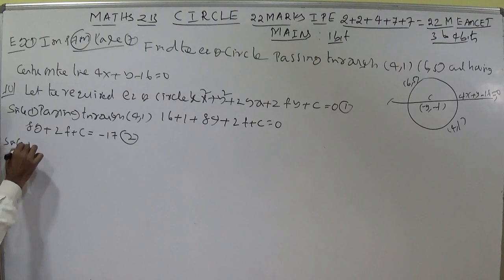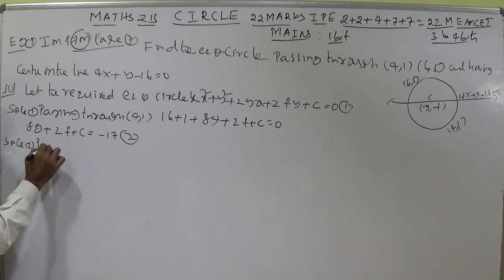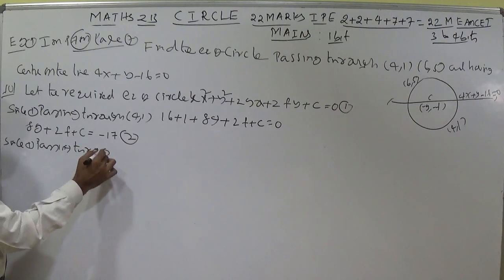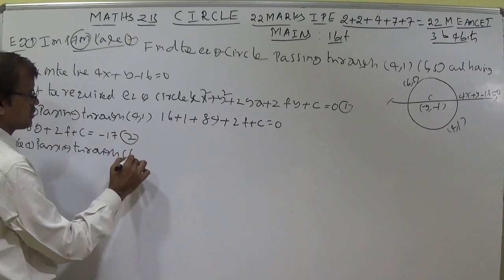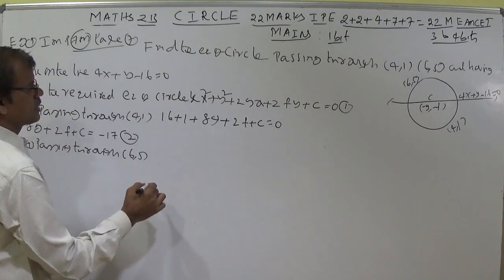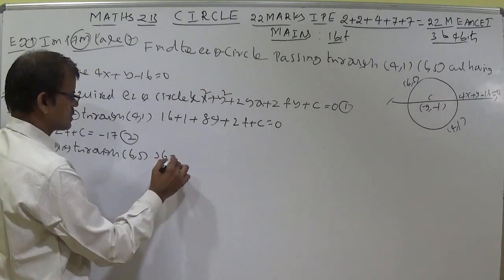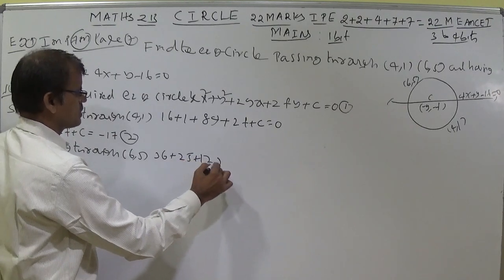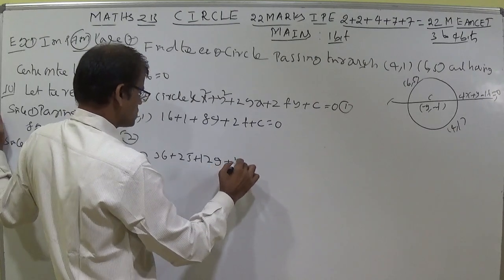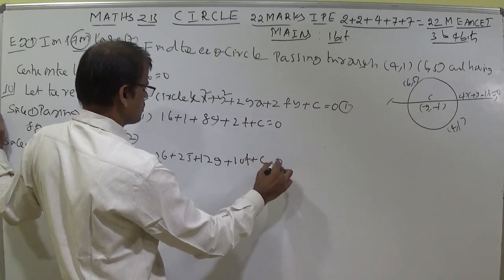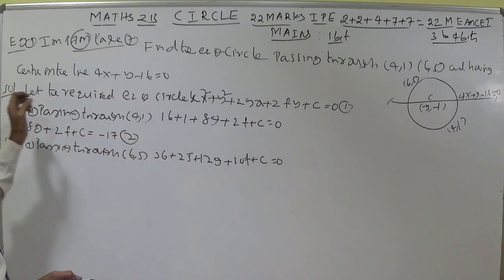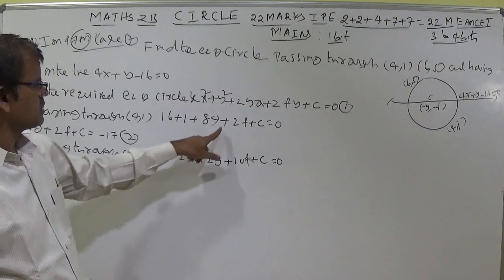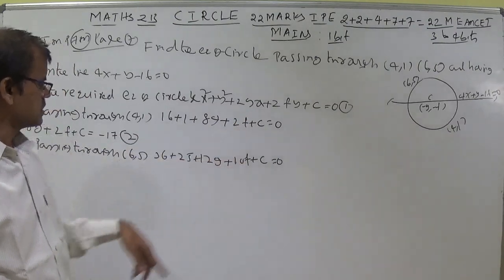Since it passes through 6, 5, substitute: 36 plus 25 plus 12g plus 10f plus c equal to 0.